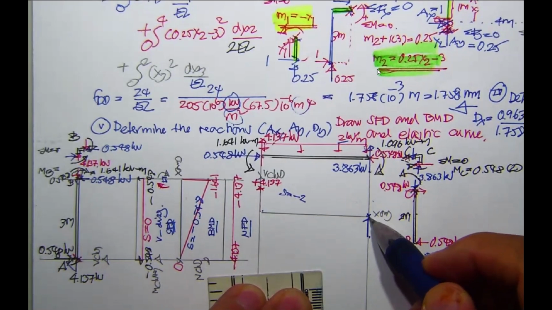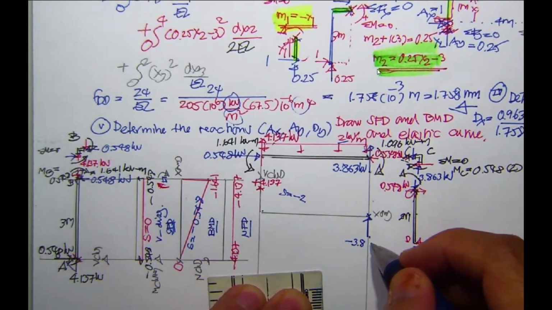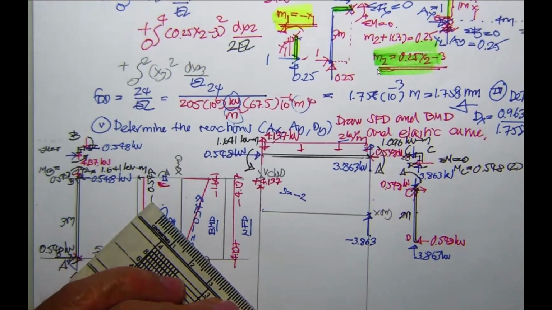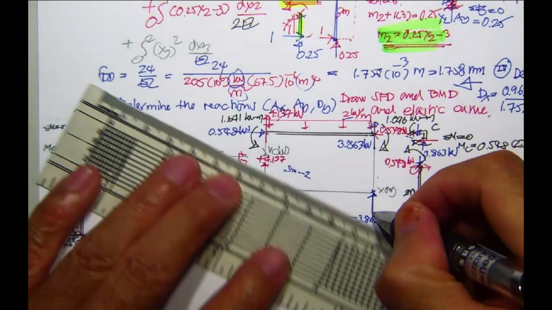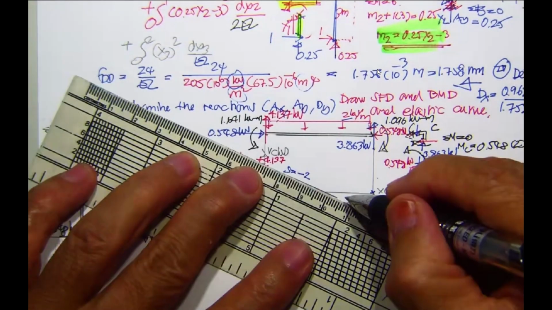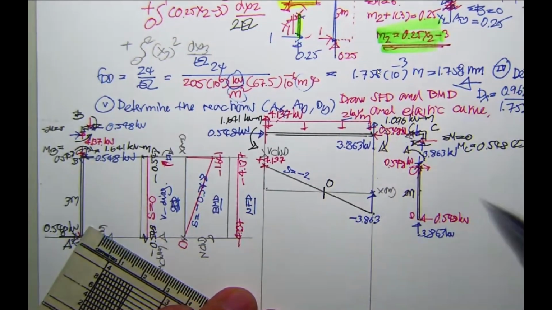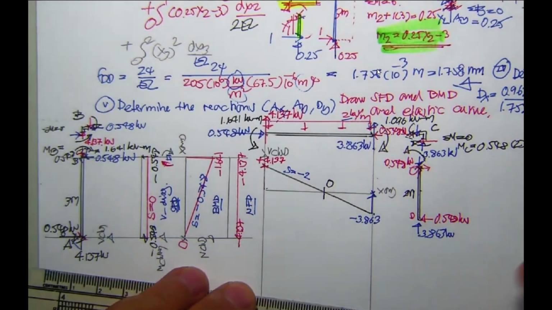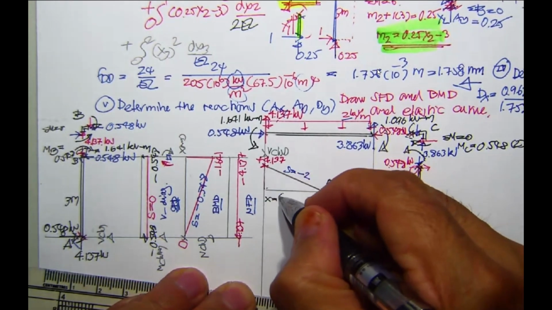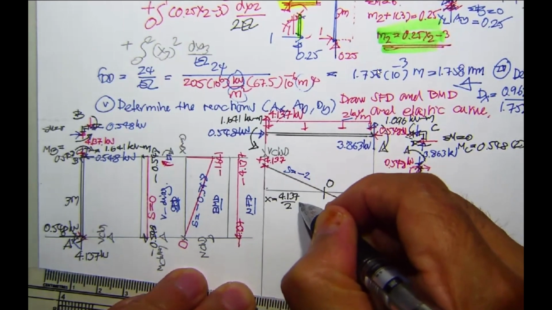shear force diagram. So this is minus 3.863, and then you will have your shear force diagram like this one, and this is going to be the point of zero shear force, and x over here is going to be 4.137 divided by the slope.